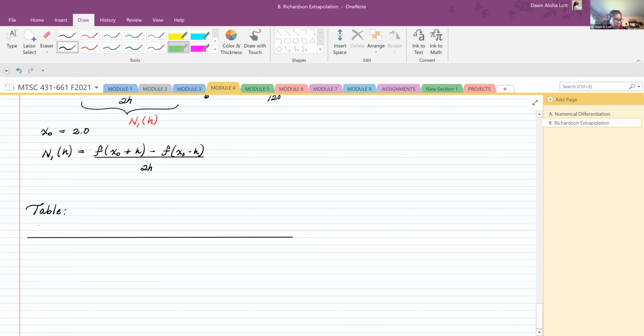So I already know that my approximation is order H squared. So that's N1 at H. Then we're going to need N1 at H over 2, and then N1 at H over 4.